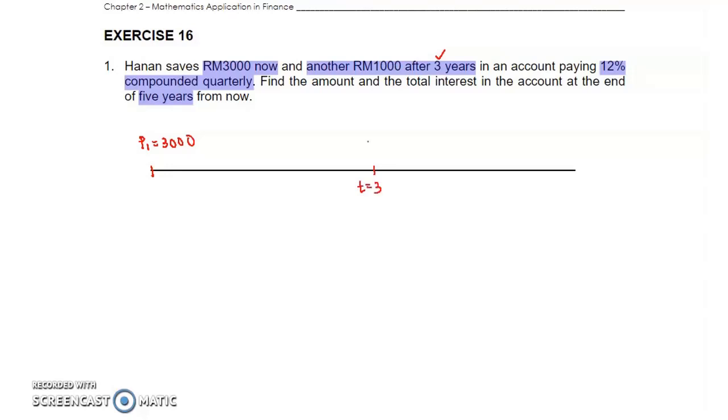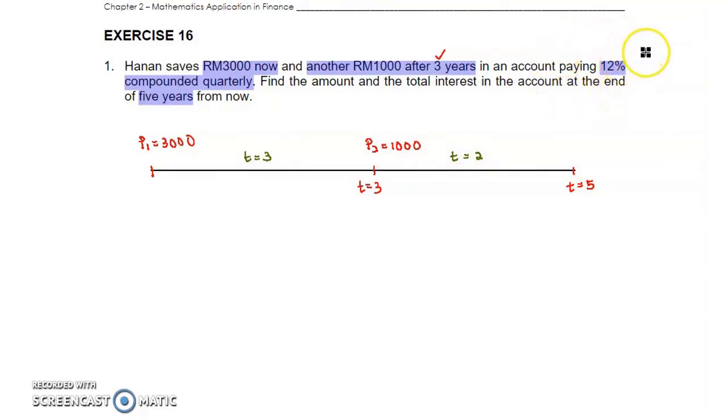So after 3 years, you put another principal of 1,000. And total investment period is 5 years. So within this time period, T equal to 3 and here T equal to 2. Okay, 5 years minus 3 years. So here will be another 2 years.